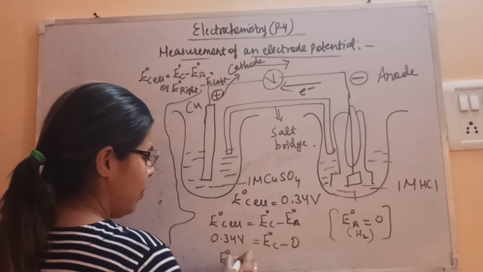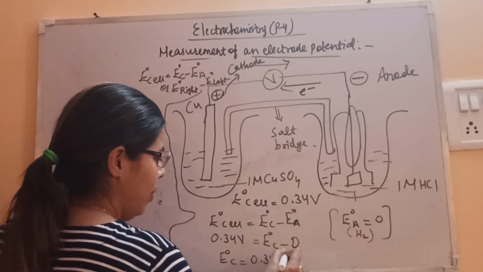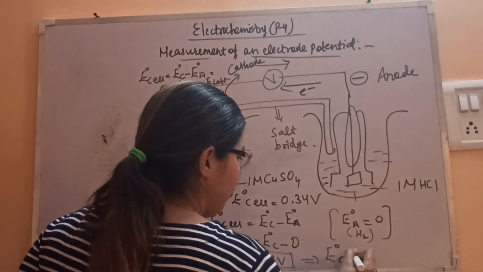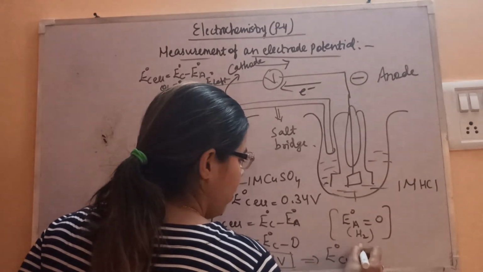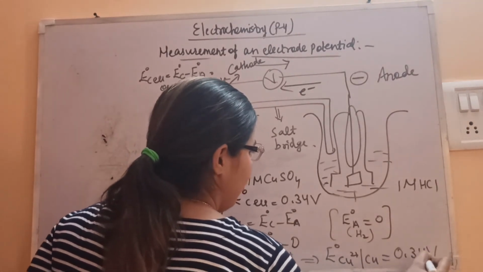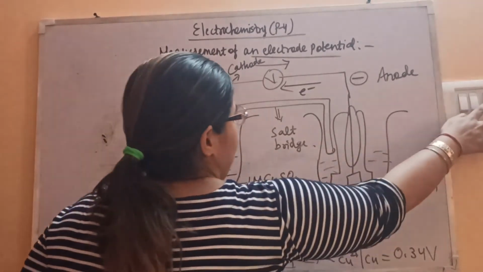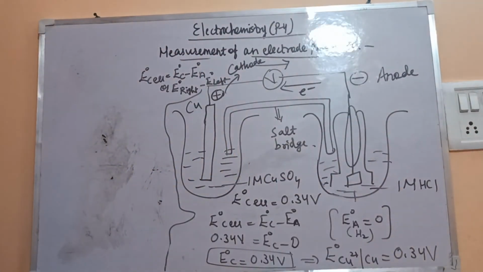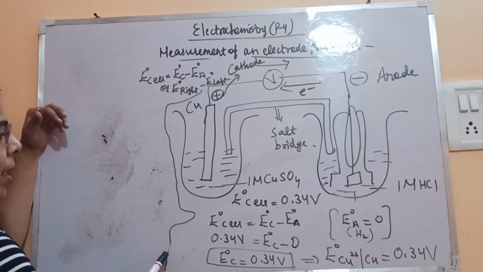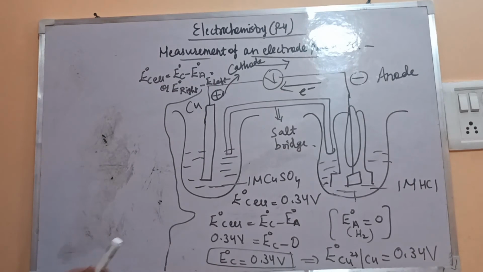E naught C is equal to 0.34 volt, which is the reduction potential for copper. In this way we can calculate the electrode potential of the given electrode, and similarly for the other electrodes by this formula. This formula is important.